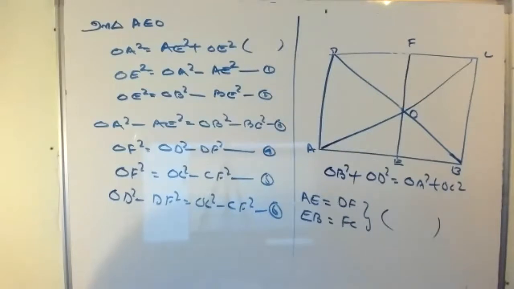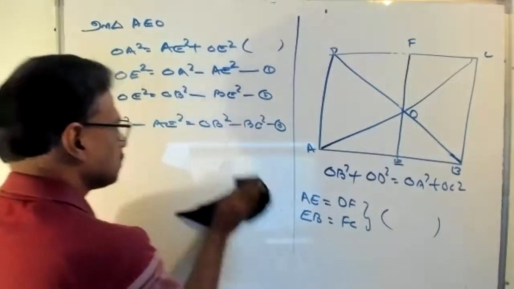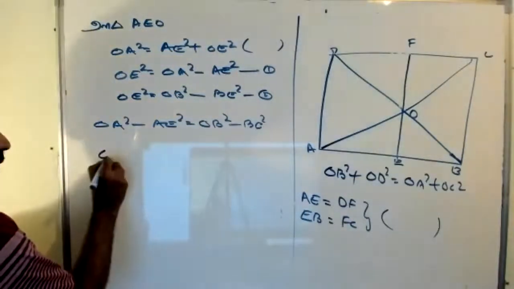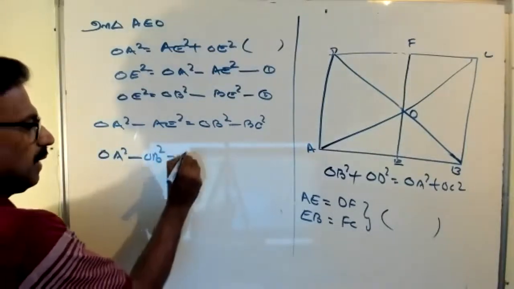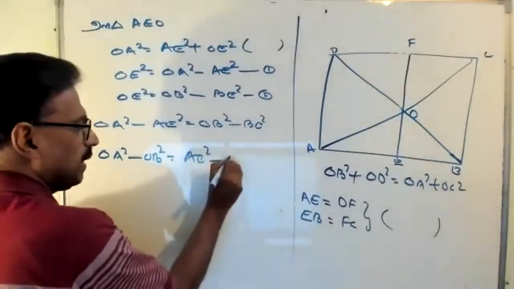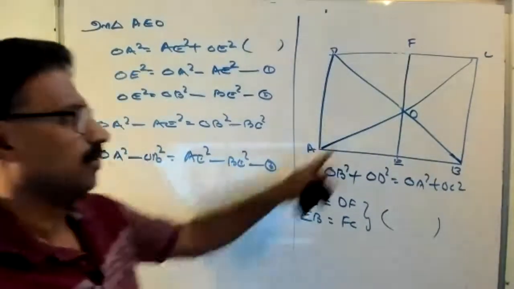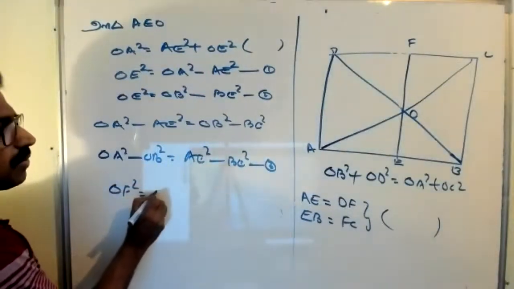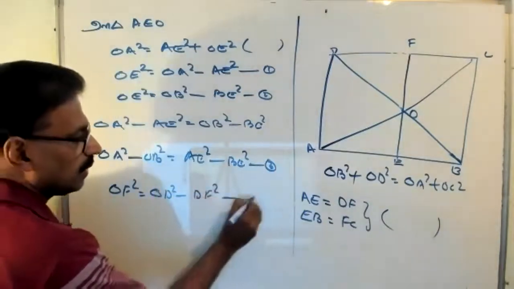Okay, what do you got now? Wait, we need one correction. Look here. We can write OA square minus OB square equal to AE square minus BE square. This is number 3. Now OF square equal to OD square minus DF square. Number 4.